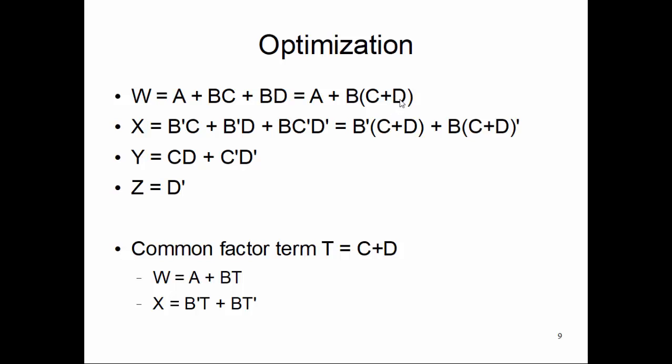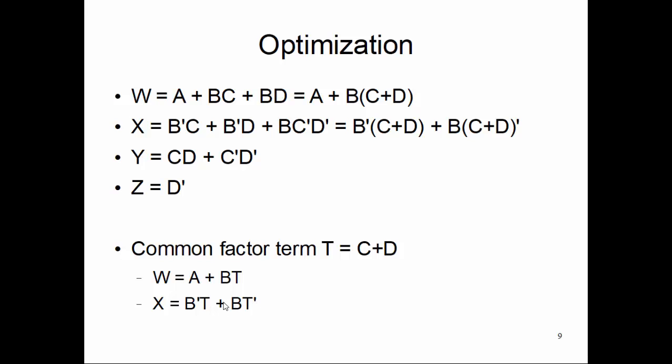So we do that, and we want Y equals CD or C bar D bar, and Z equals D bar. We cannot do anything else. So we can make a common term T equals C or D. Then my W becomes A or BT, and X becomes B bar T or (BT) whole bar, which you can do with an XOR circuit, or you can keep it like that depending on what type of gates you have available.